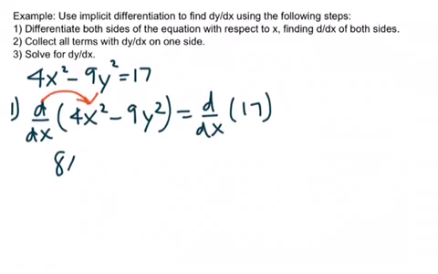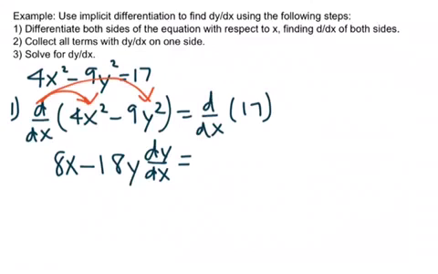I get 8x dx/dx. Differentiate negative 9y squared with respect to x. I get minus 18y. Since I'm differentiating y with respect to x, I must include dy/dx. Equals d/dx of 17, or the derivative of any constant, is 0.